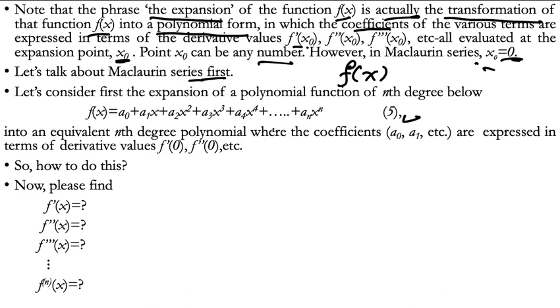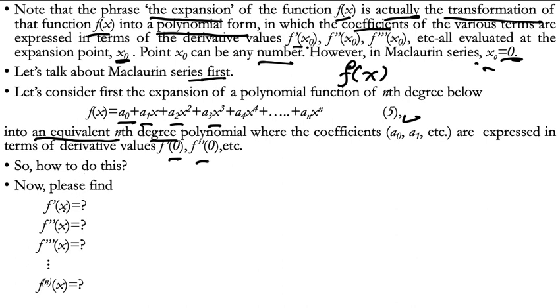What we want to do is expand it into an equivalent nth degree polynomial where we have the coefficients. You look here, these coefficients are expressed in terms of derivative values: f prime 0, f double prime 0, and so on. So how can we do this?